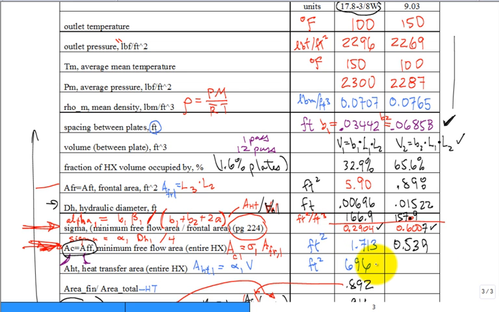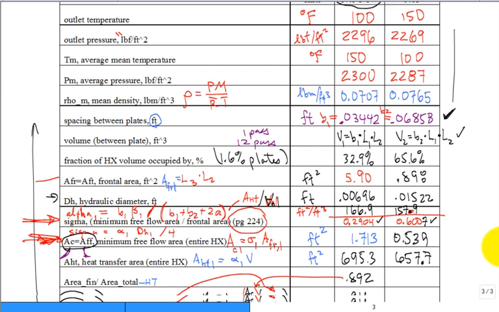How about the heat exchanger area? It's 695.3 square foot in that volume of the heat exchanger. So that's how much area you have for heat transfer for the first fluid. And then the area for the second fluid, who got a number? 658, 657.7.